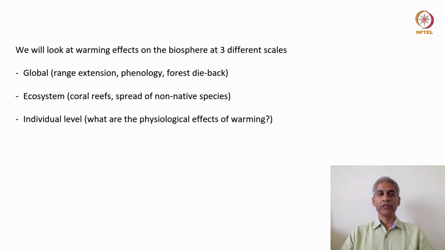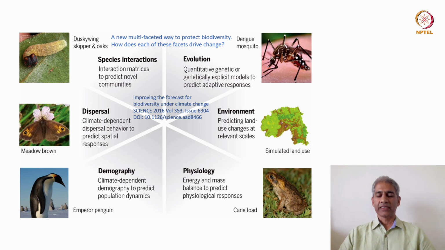So to summarize, we looked at warming effects on the biosphere at these three different scales using different cases. And I urge you to read up on all of these, which I have mentioned here in this lecture. And finally, we can think about how biodiversity will change under climate and global warming by looking at these various aspects.